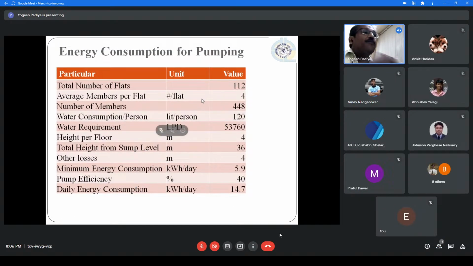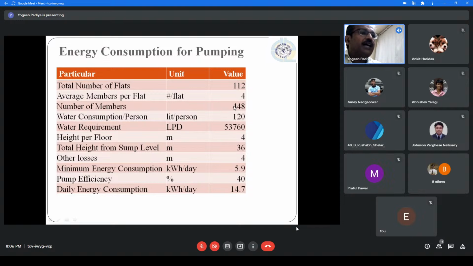See, now, in a building suppose you have 112 flats, and if each flat has 4 members staying, then a total of 448 members are there in the complex.